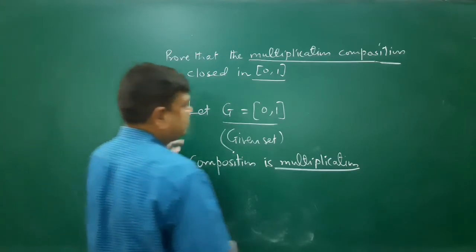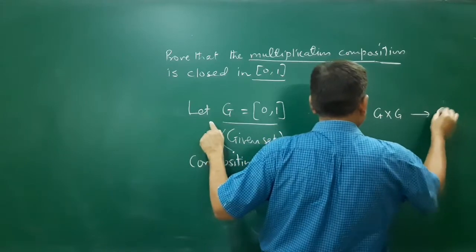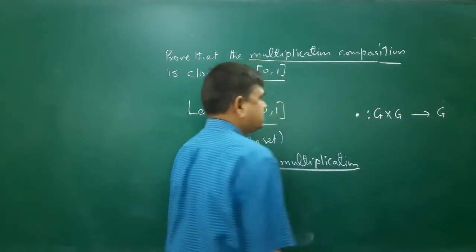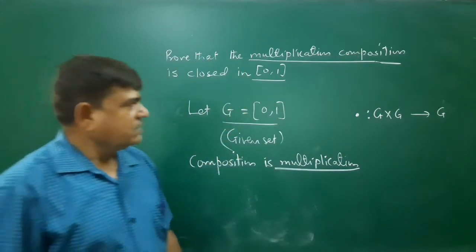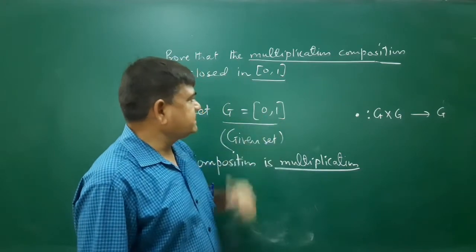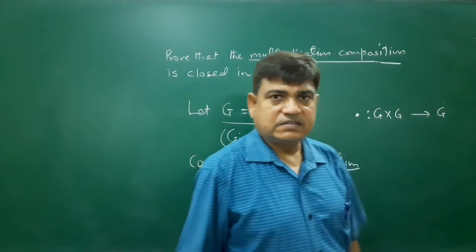Here is the symbol. J cross J means any two members of this [0, 1], and the answer must be in this.